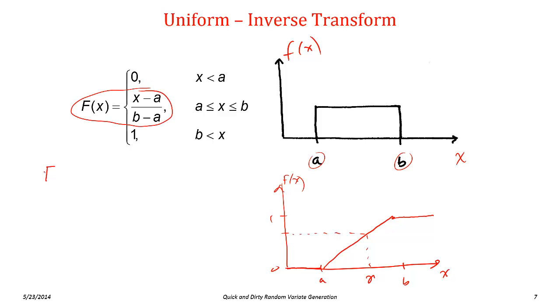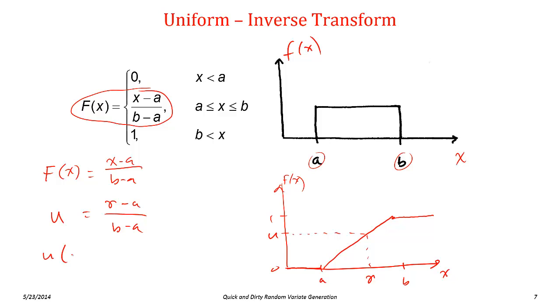So I'm just going to repeat that and say f of x is equal to x minus a over b minus a. And I'm simply going to replace f of x with u, our u right here, and x with gamma, minus a over b minus a. And then I'm going to solve for gamma.